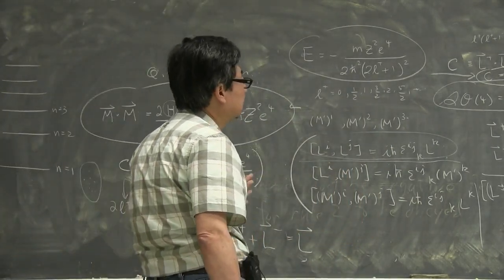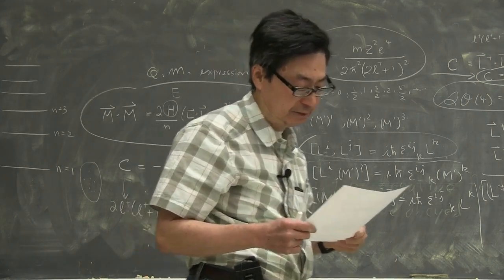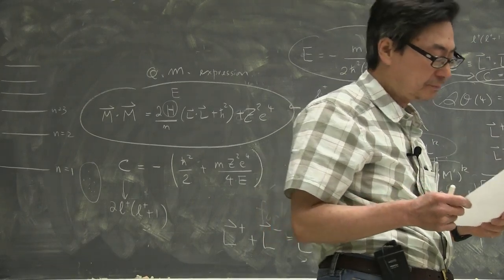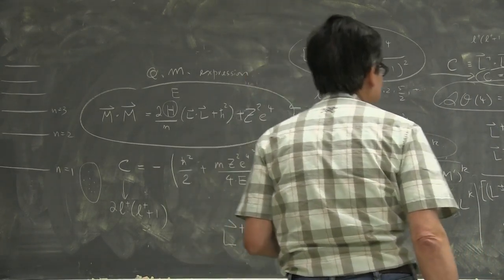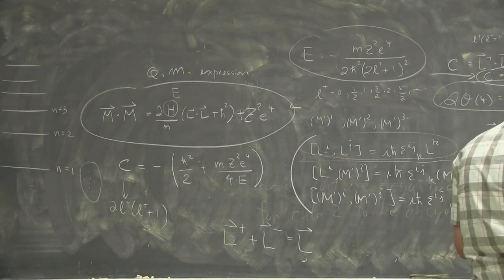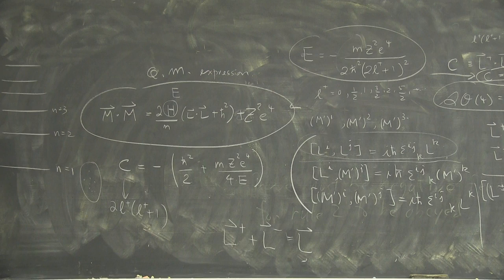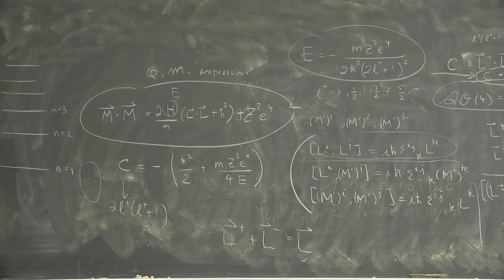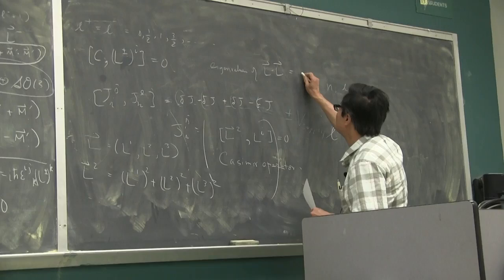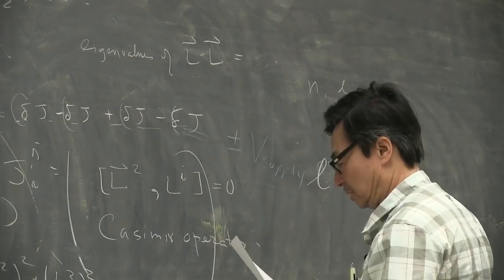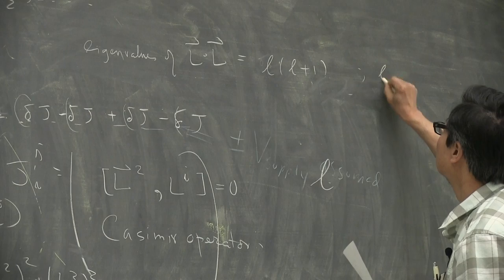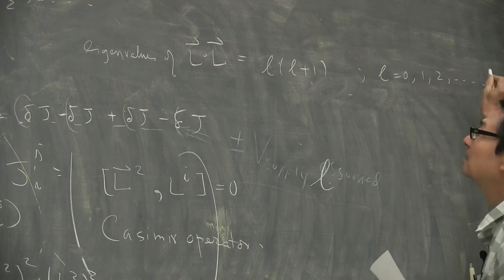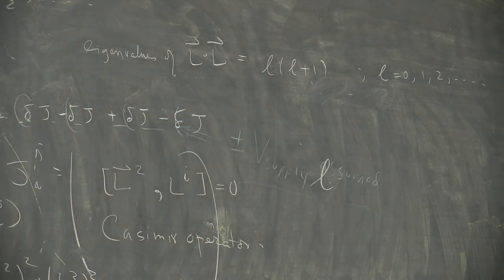You now know the possible eigenvalues of L, in fact, the possible eigenvalues of L dot L. Because L is an orbital angular momentum, the possible eigenvalues of this Casimir operator must be L times (L plus 1), where L is either 0, 1, 2, 3, like that. Okay?